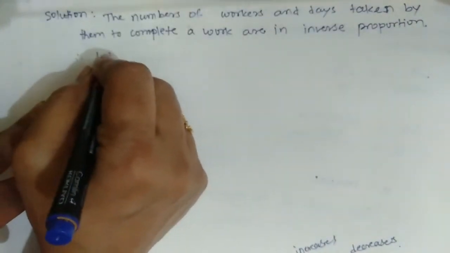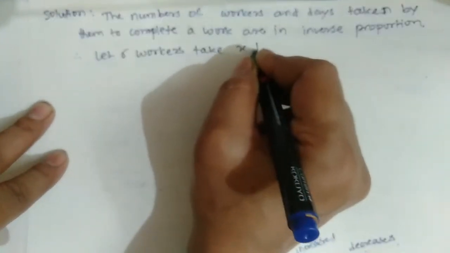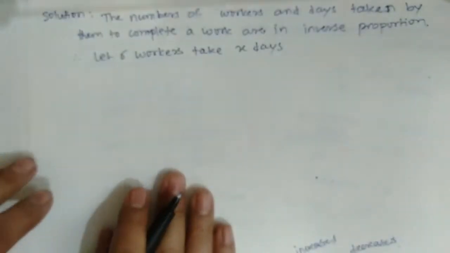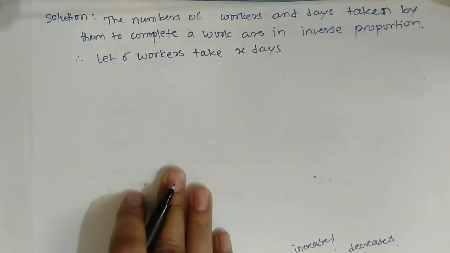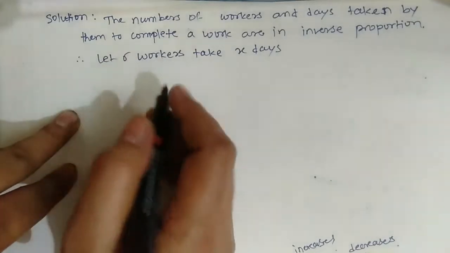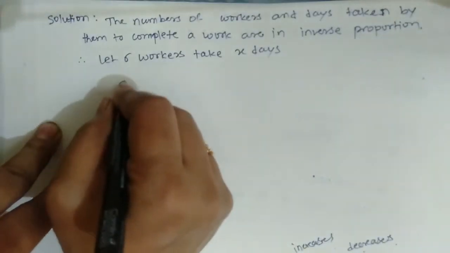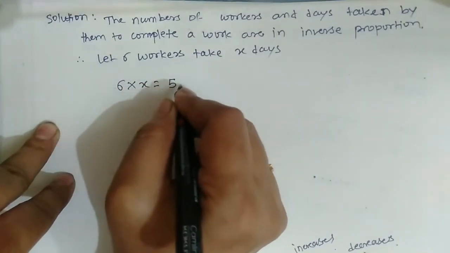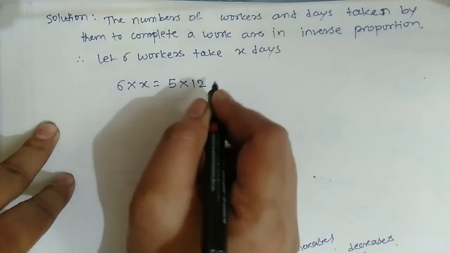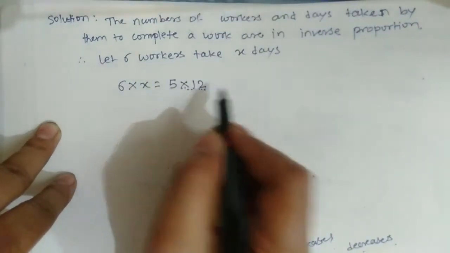So therefore let 6 workers take x days. And we know that in inverse proportion, the product of both quantities remains the same. So take the product. So 6 multiplied by x is equal to 5 multiplied by 12 because 5 workers require 12 days.